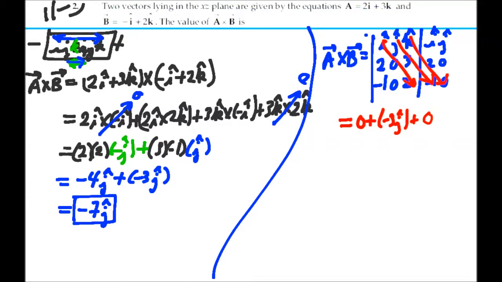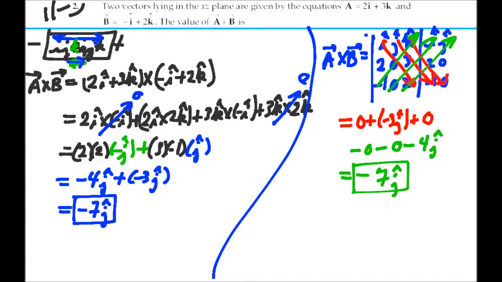And then I subtract the other three diagonals, this way, this way, this way, and that will be 0 minus 0 minus 2 times j, which would be minus 4j. So this will be a negative 3j plus a negative 4j, which would be a negative 7j. That's my answer. Negative 7j. Either way I go. Two ways to do it.